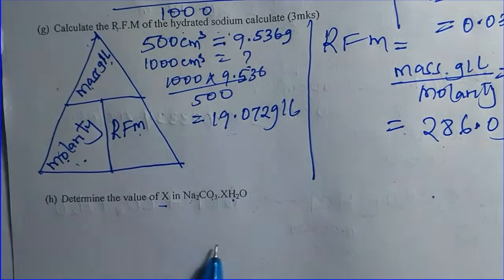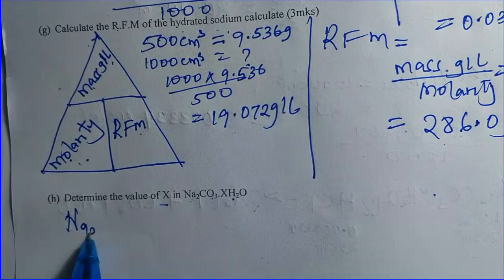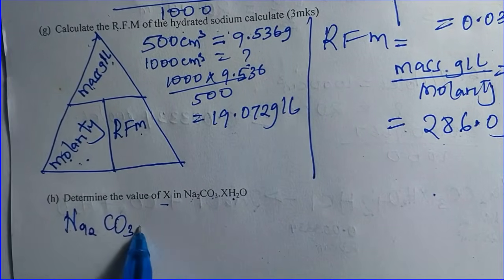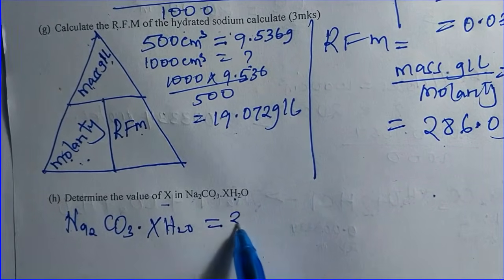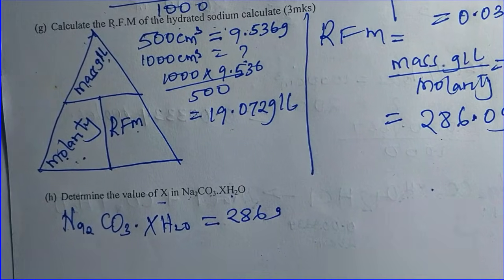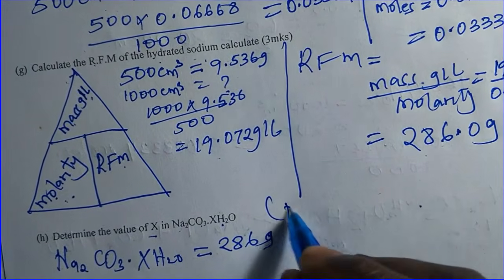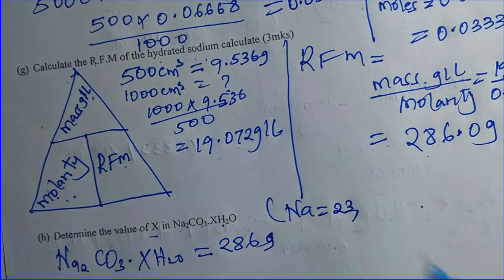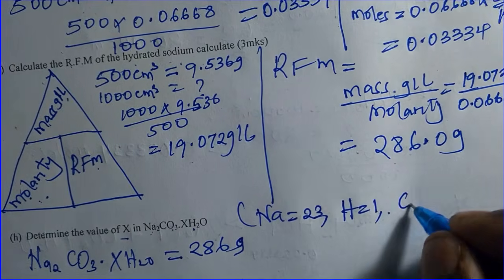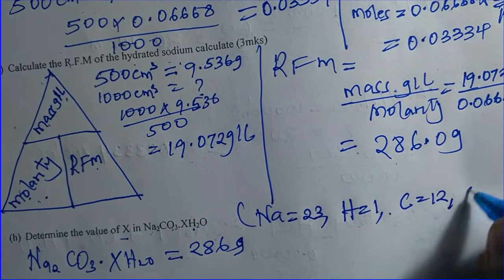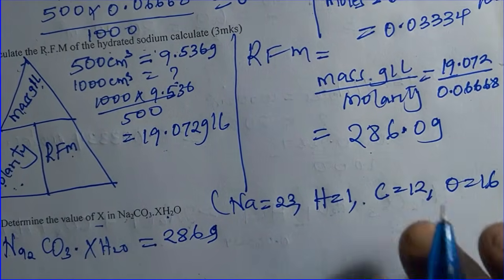So it means that sodium carbonate plus X water, when you add everything, the answer should be 286 grams. Now here you will be given that sodium is equal to 23, H is equal to 1, C equal to 12, O is equal to 16. You will be given this information and it will help you to calculate this.